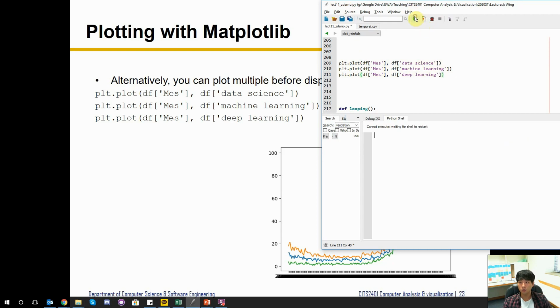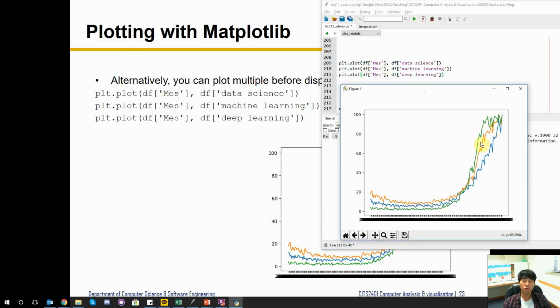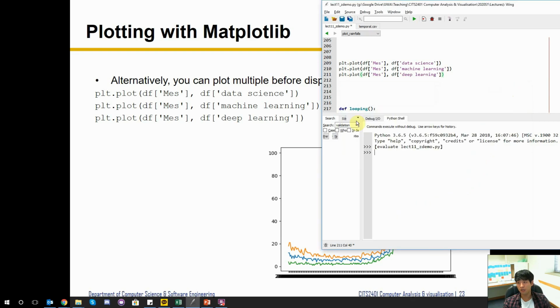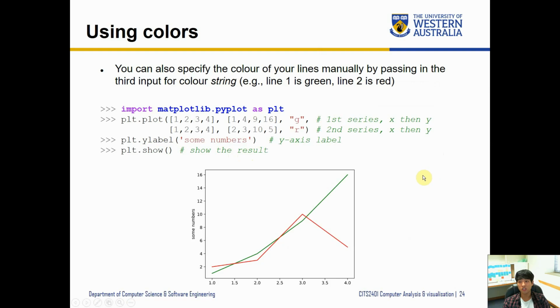So by plotting multiple times using the same x values, we can put all those lines together. And Matplotlib by default will try to put nice colors for us if we don't specify them. But later we'll see how to specify those as well.